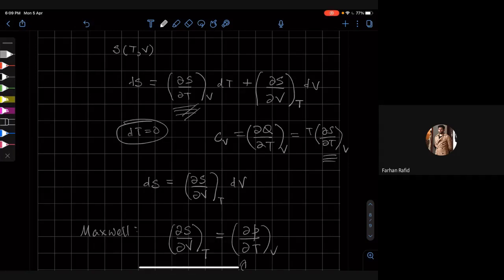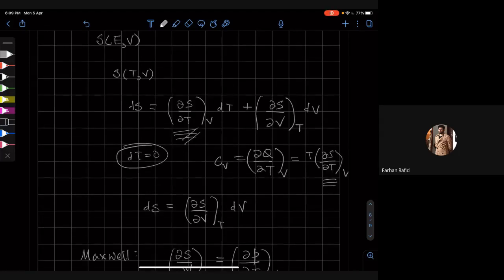So we can replace this thing by CV divided by T. So this term becomes CV times dT over T. So we input the expression of ds by dT, constant V. You can integrate this very easily, right?